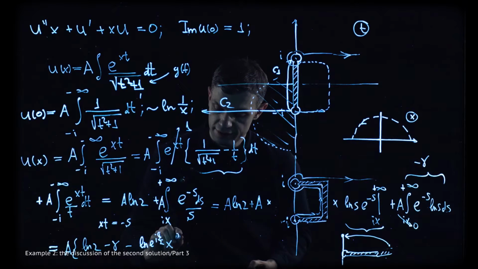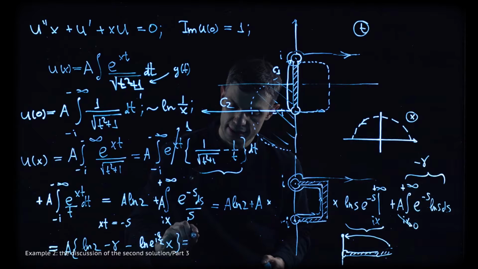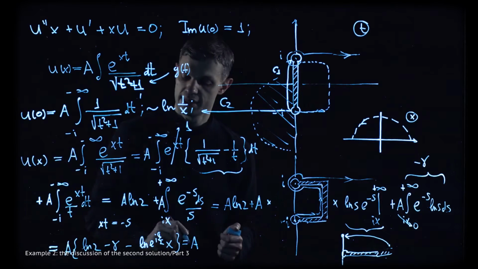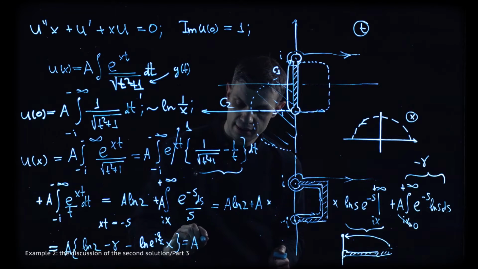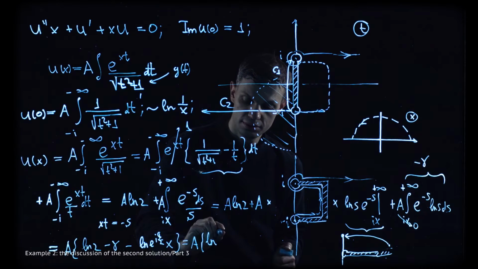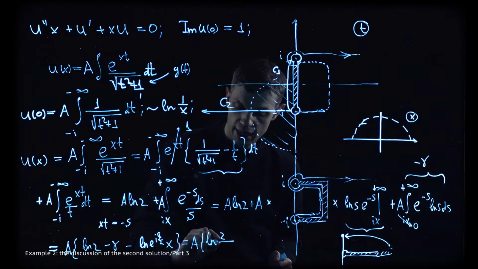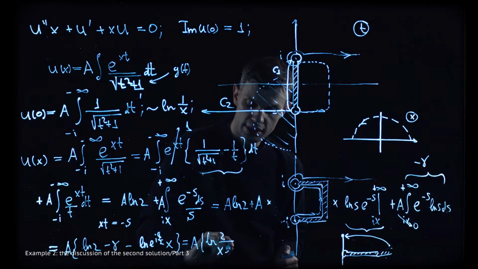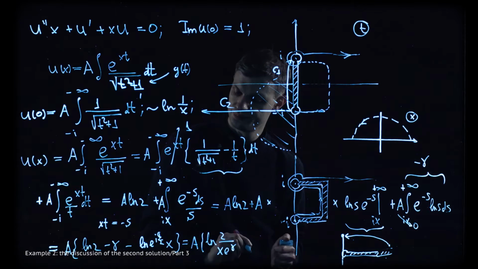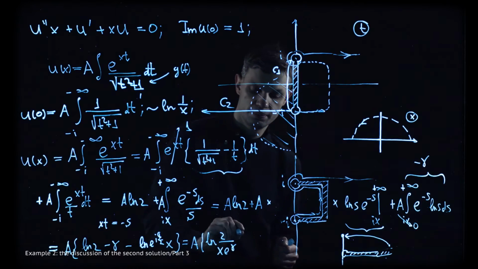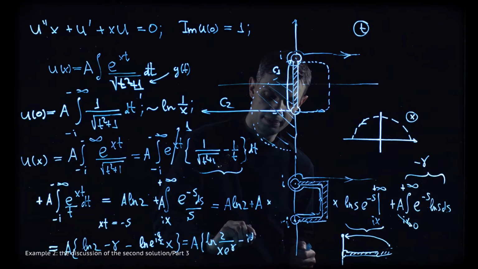Right, and finally we get the answer. So our answer is the logarithm of 2 divided by x times e to gamma, and minus I pi by 2.